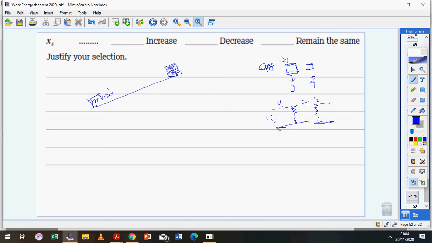So this one has more gravitational potential energy, which converts into more elastic potential energy, which means you get more extension on the spring, versus this one, which has lower gravitational potential energy, which converts into lower elastic potential energy, which converts into a smaller extension on the spring. So you expect the extension to be smaller, no, wait, increase, yes, more extension. I hope I didn't confuse you there. Bigger mass causes more extension, smaller mass, less extension. So yeah, that was that one.